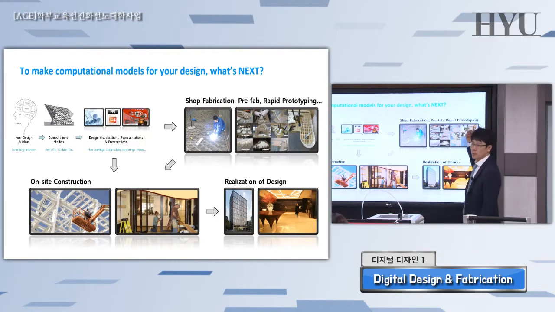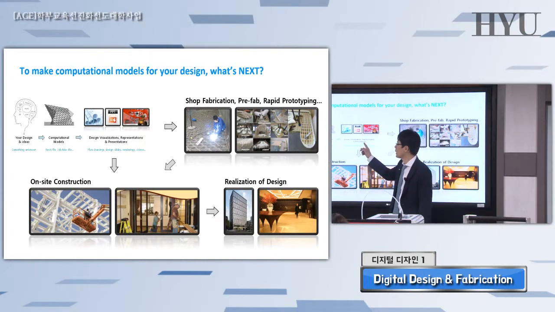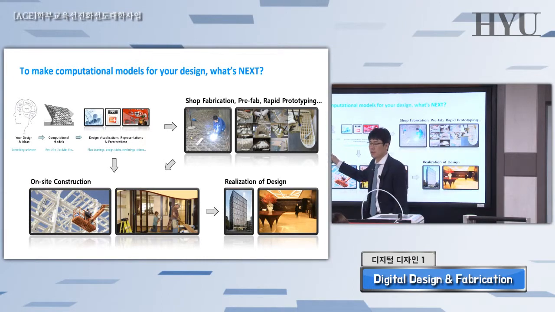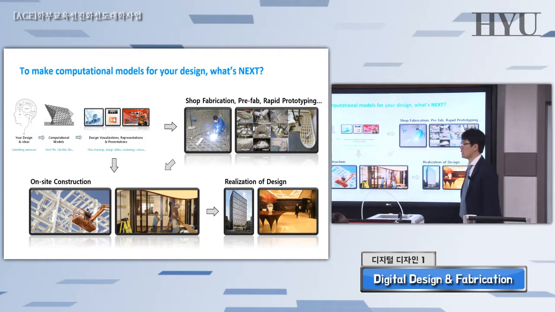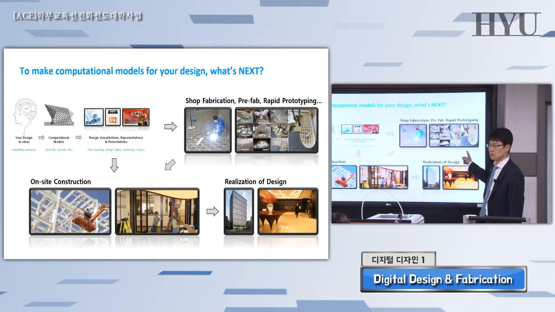And rapid prototyping. In your design studio, after presentation, after computational model making, we usually make our prototype model, okay, mock-up model, using foam board, papers, or some wood, and so on.